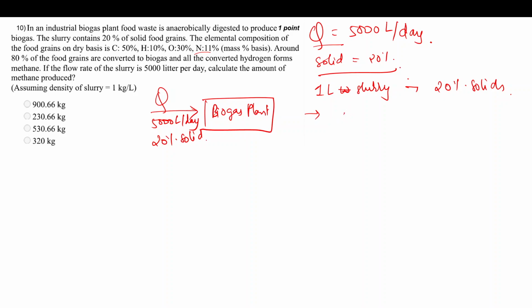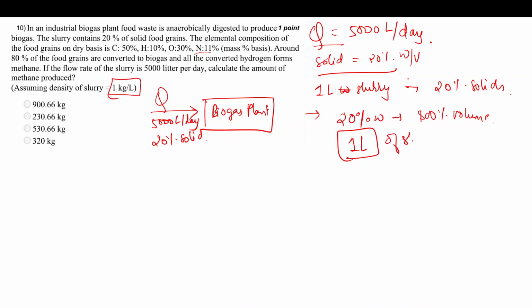So if it is percentage weight by volume, then you can say 20 percent weight will be in total 100% volume, right? So you can say that since the density is 1 kg per liter, if it is 1 liter of slurry, then it will have 1 kg.